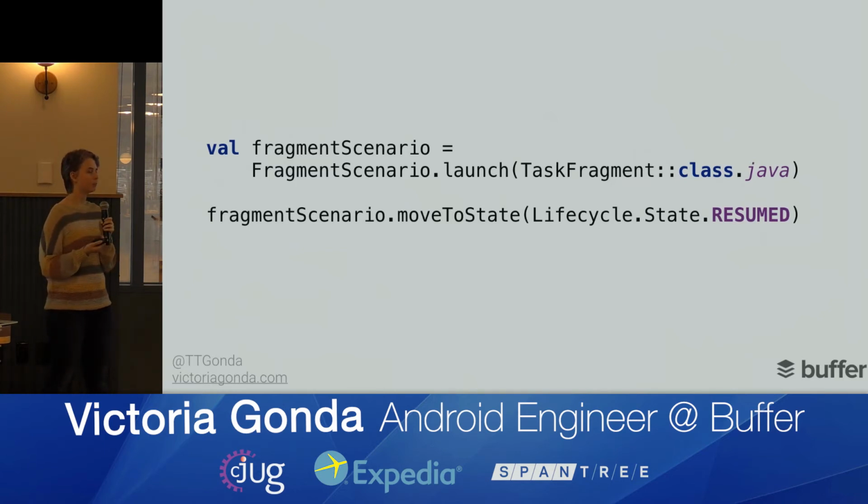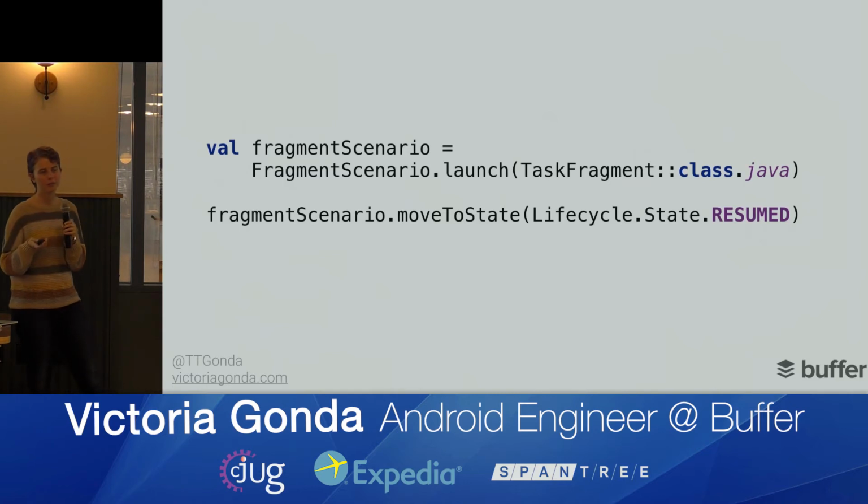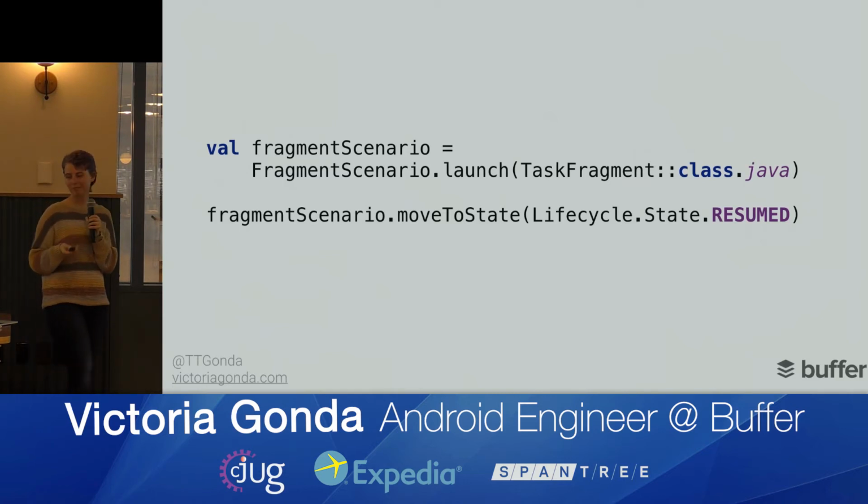You can use this. And it has the same control over lifecycle events that you get with the activity scenario. When using this, you do need to make sure you build your fragment in a way that's independent of a specific activity. But you should probably be doing that anyway if you're following recommended practices.